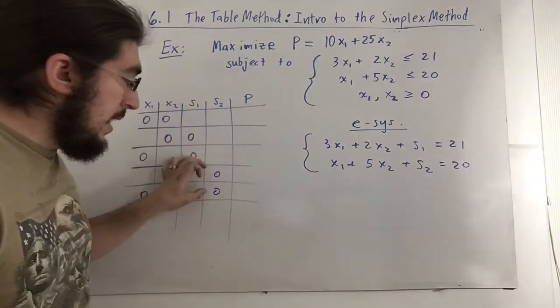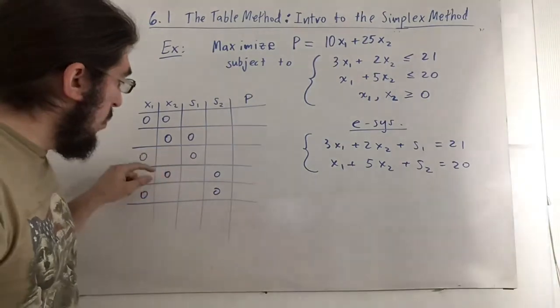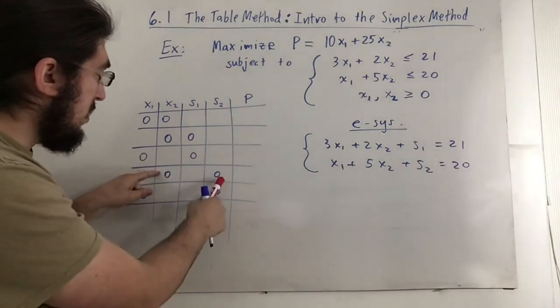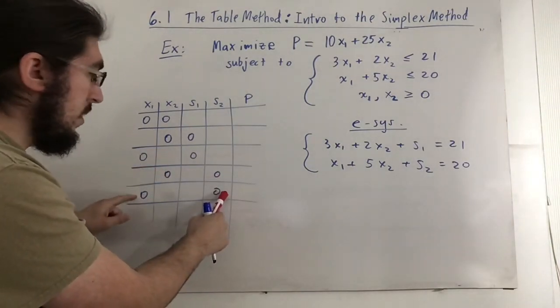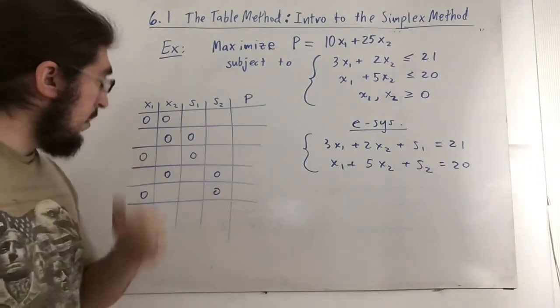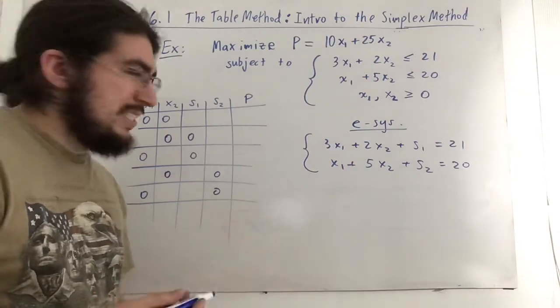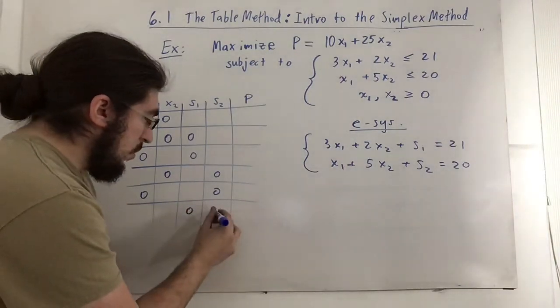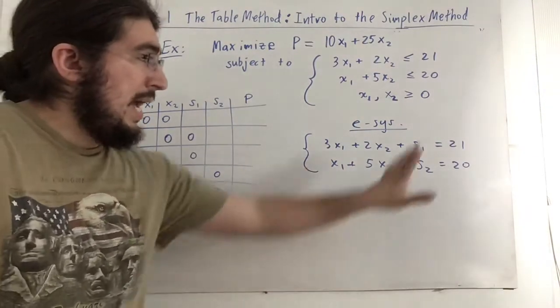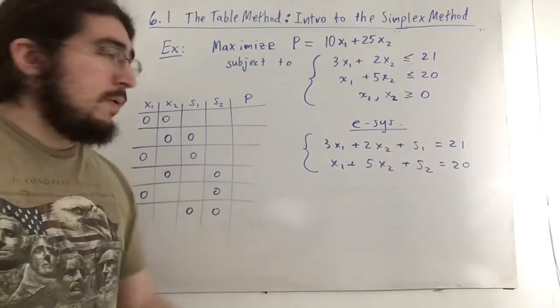Same thing here, when s2 is 0, there are two scenarios: one where x2 is also 0, and one where x1 is also 0. And the last scenario is when s2 and s1 are both 0, and that's when we have that actual system of equations that I was talking about earlier.